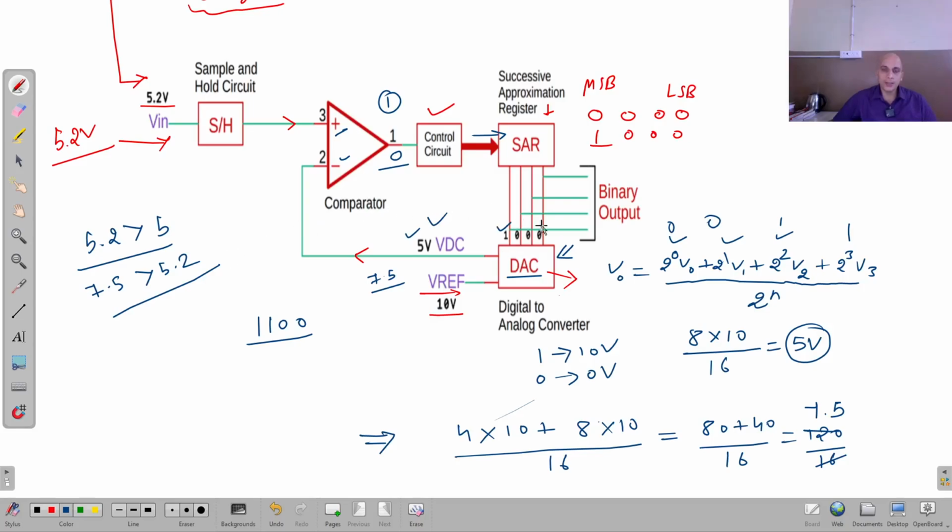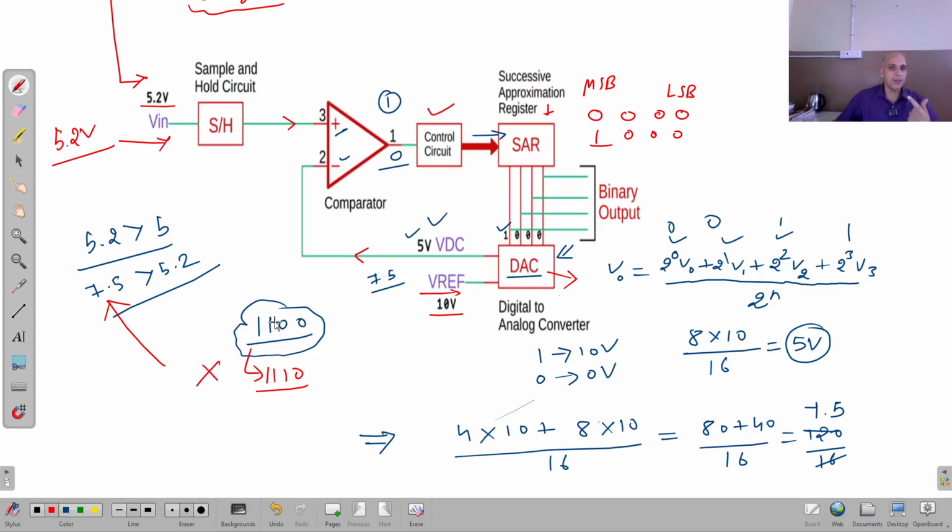The earlier output generated by the SAR was 1100. The other option it can generate is 1110, but 1110 would be even more than this voltage, right? So it means this is dropped.